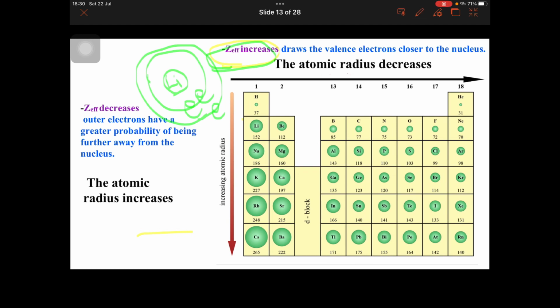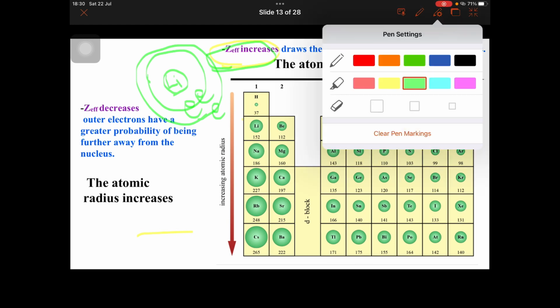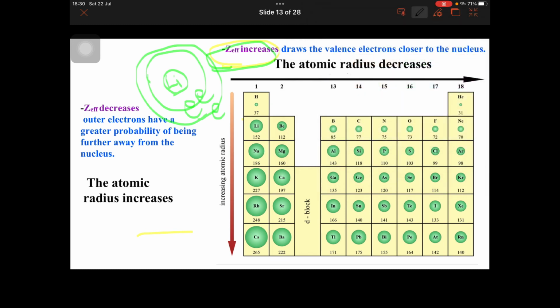So basically what we are discussing here is how well these electrons are attracted towards the nucleus.